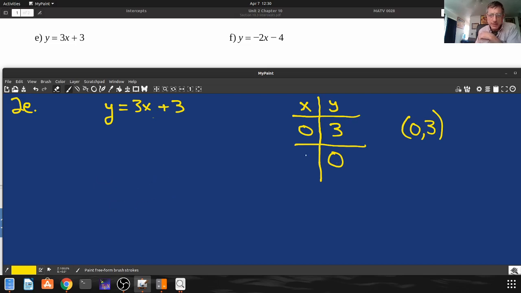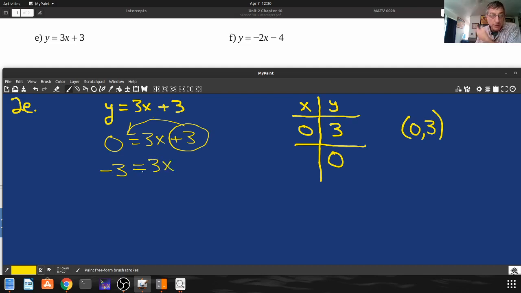So now I'm going to set y is equal to 0 and solve for x. So I'm going to move the plus 3 to the other side. So that's going to become a minus 3. If you want to add minus 3 plus 0, that's fine, but it's still just going to be minus 3. So minus 3 is equal to 3x.